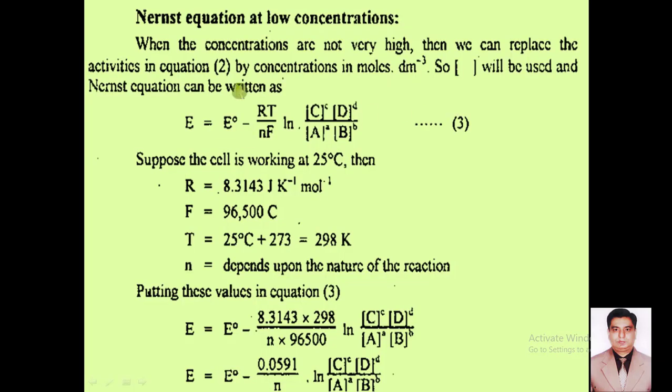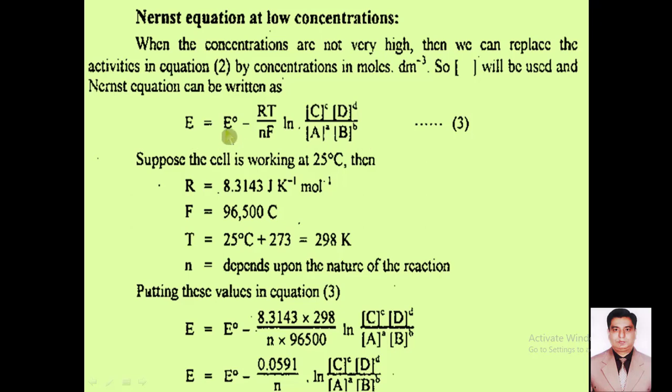If the concentrations are not very high, then we can replace the activity in equation number 2 with the concentration in moles per decimeter cube. So we will write this square bracket, which shows that we have taken the reactants and products in their moles per decimeter cube.